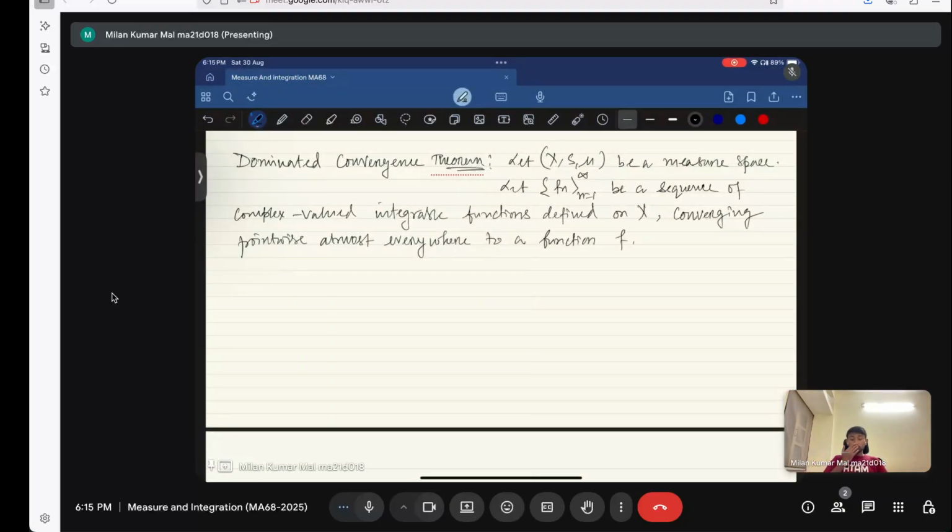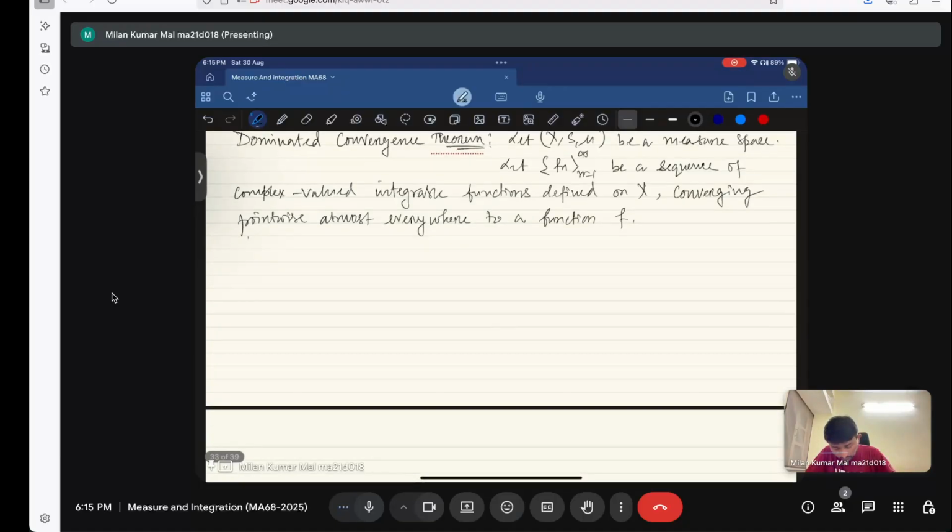So here the assumption is that (X, S, mu) is a measure space and f_n is a sequence of complex valued integrable functions, and they converge almost everywhere pointwise to another function f.